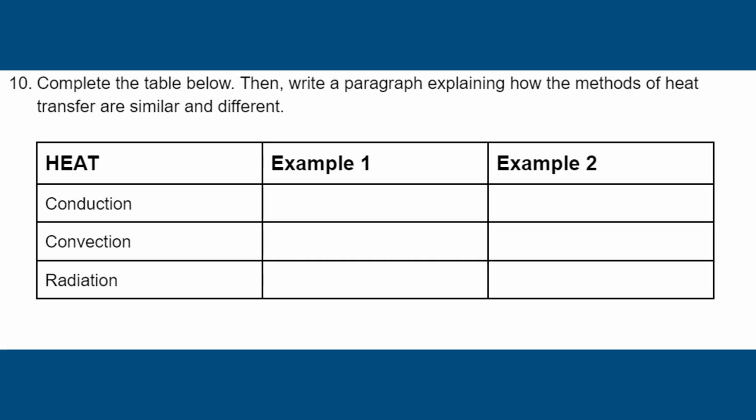All right, and now we have this table. Write a paragraph explaining how the methods of heat transfer are similar and different. Here we wanted to have just some examples to help you set this up. We're going to complete the table below, and then you are going to write for me, comparing and contrasting.